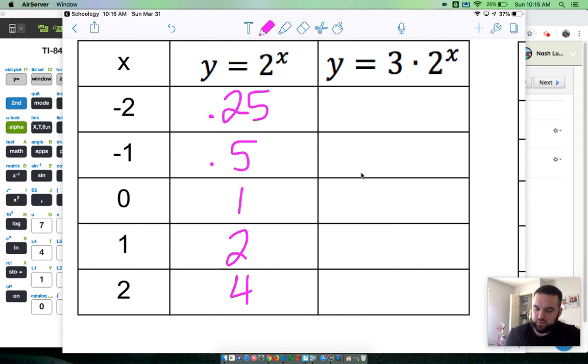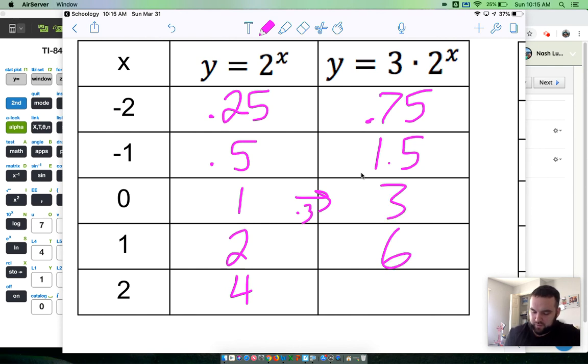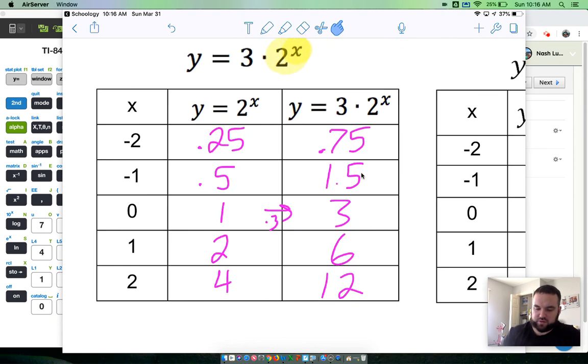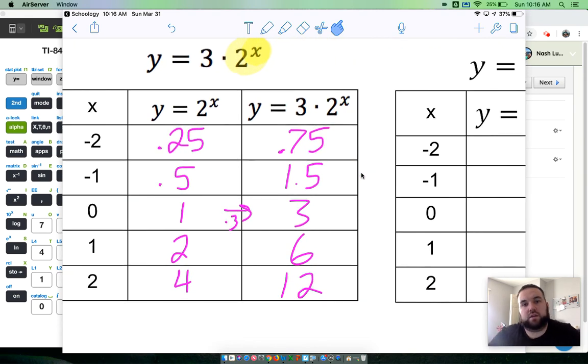You could just plug 3 times 2 to the x into a calculator, or I could just take each of these values and multiply it by 3. So just understand that the start value is also a vertical stretch or compression, while also being referred to as the start value.